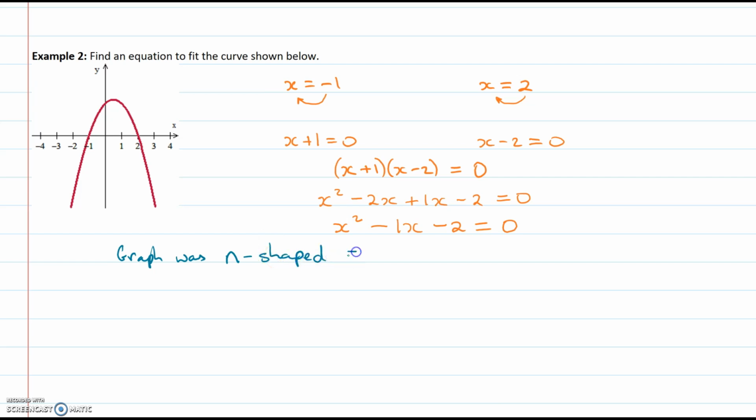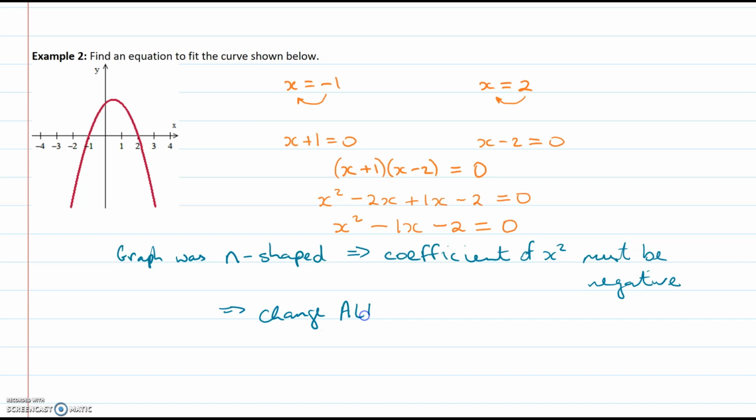So that means the coefficient, the number in front of x squared, the coefficient of x squared must be negative. And that means we need to change all the signs in our equation.